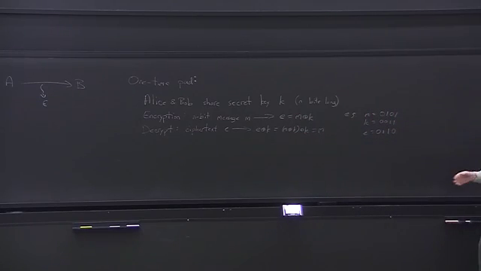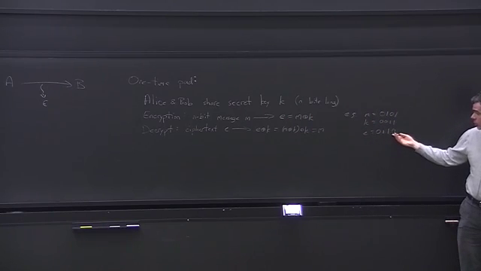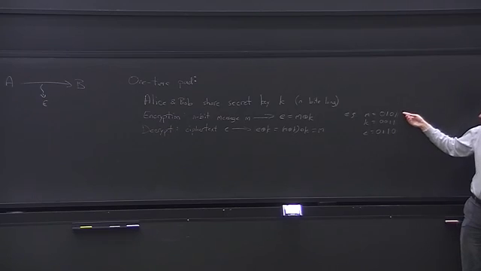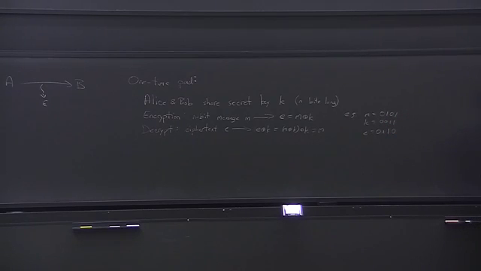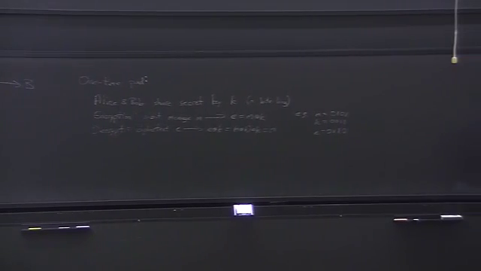So if Eve sees the ciphertext 0110, she doesn't know if she got it because the message was 0101 and the key was 0011, or if the message was 1010 and the key was 1100, or any of the other possibilities, all equally valid from her point of view. So she learns nothing at all about the message.